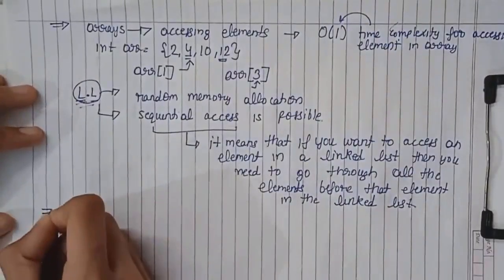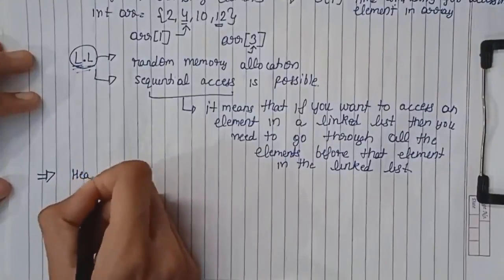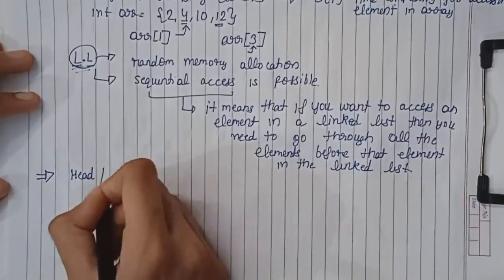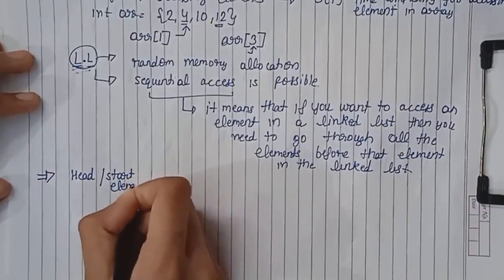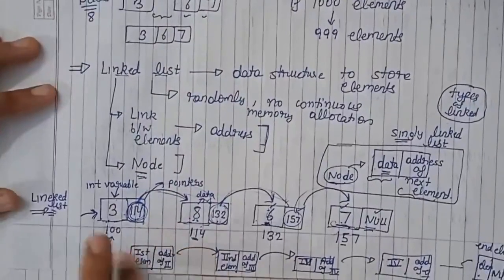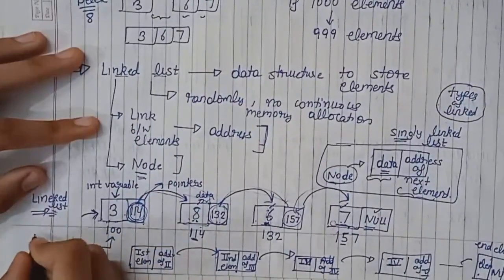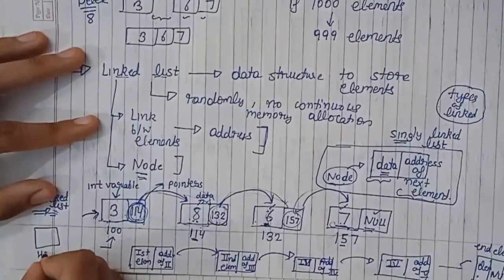Now the next point about the linked list is head, or you can say starting element. Now how will we denote our linked list? A linked list will be denoted by a pointer variable named head.